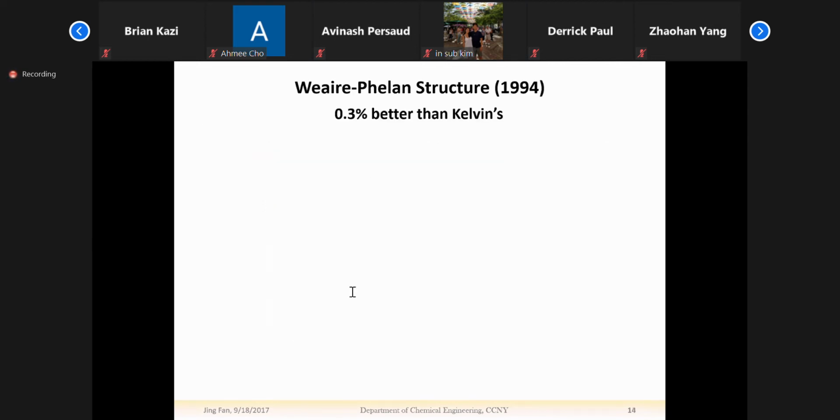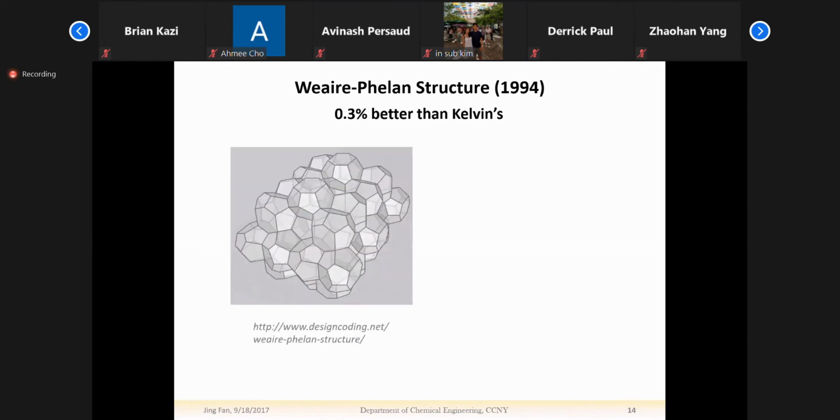Until 1994, over 100 years after that, a group led by Weaire and his student Phelan used numerical simulation. They used computers to find a new structure that is 0.3% better than Kelvin's, meaning it still consists of equal finite volumes, but the surface area is 0.3% smaller than the Kelvin structure.